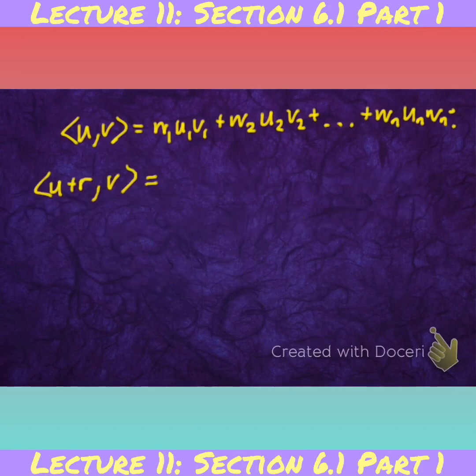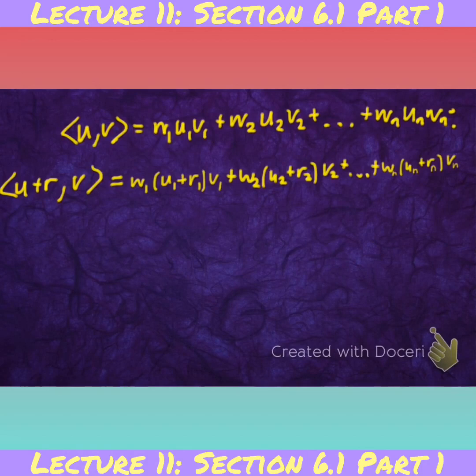The second axiom, we introduce an extra vector r, and we look at the product of u plus r with v. Now, going by definition, it's the first component of u plus the first component of r, second component of u plus the second component of r, and we go up until there, and we take the dot product with v, and then we introduce each one of the weights.